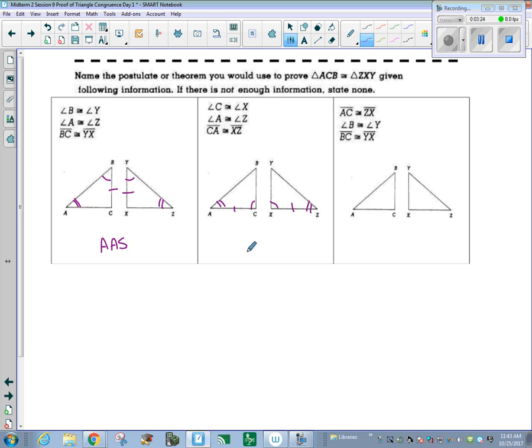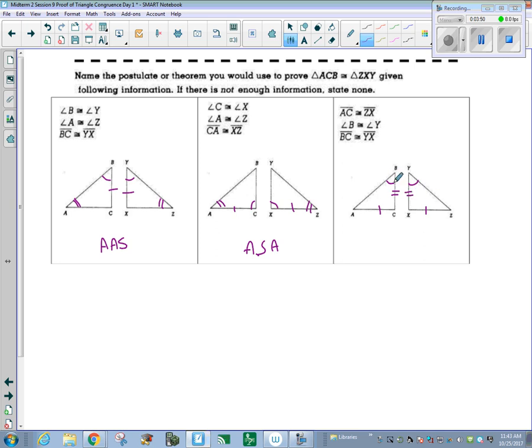Well, they would be congruent by angle, side, angle. And the last one here, we have AC is congruent to ZX, angle B up here is congruent to angle Y, and then BC is congruent to YX.